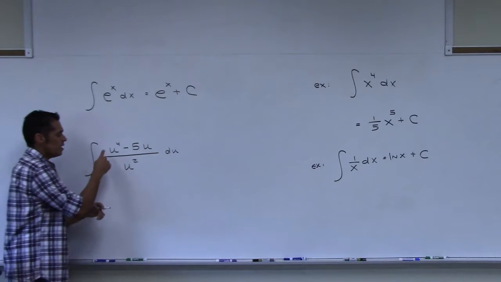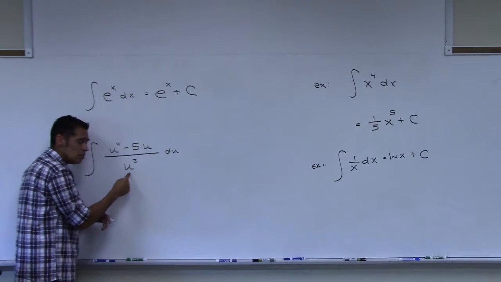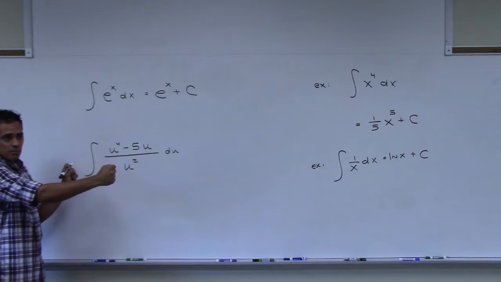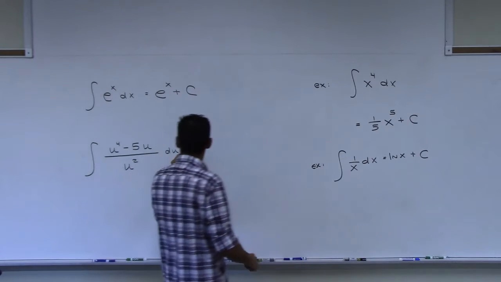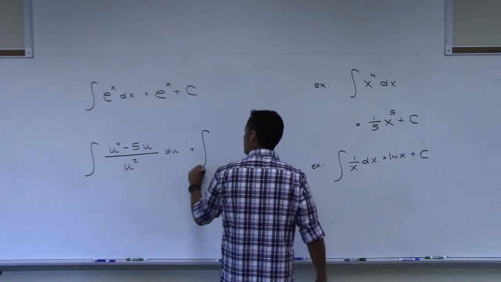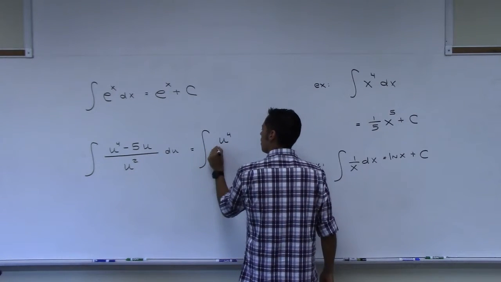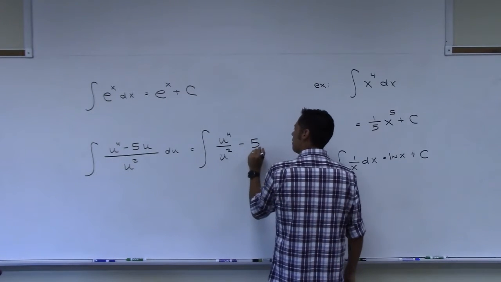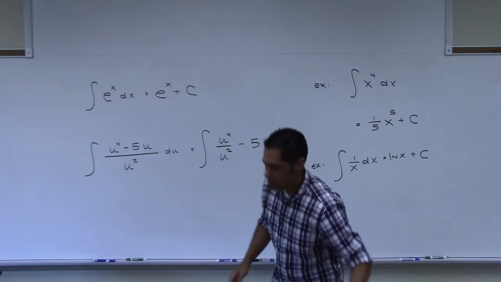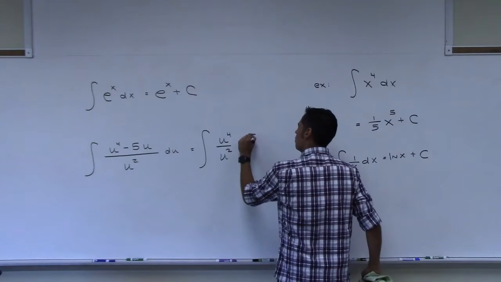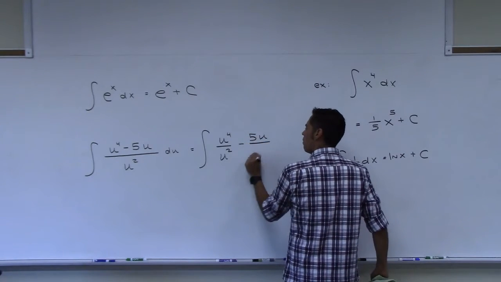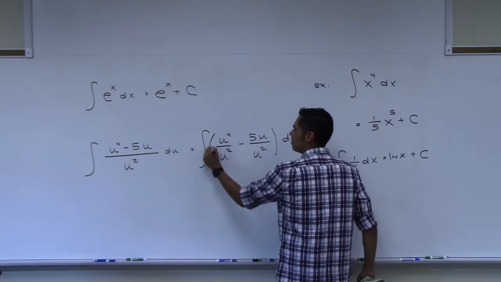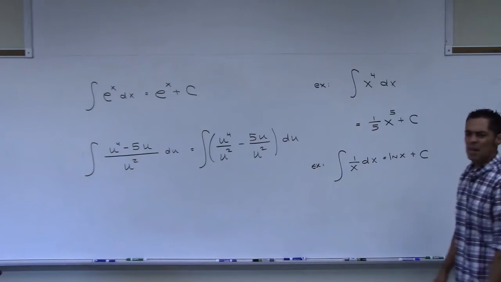However, because there are two terms here and a single term here, we can split this into two fractions to start the problem. So let me just write it down and see if you agree with this. Is this not the same as u to the fourth over u squared minus 5u over u squared du? Isn't that the same thing? I'm putting it in parentheses because I've got two terms there now. Isn't that the same exact thing?